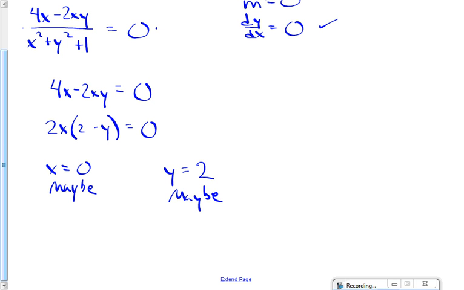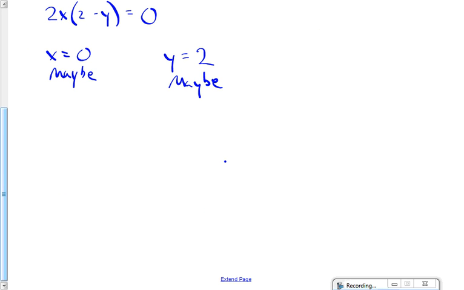Okay, the only way to be sure is to plug these things back into the original equation. So, in the original equation, my goodness, what was that? I'm going to go ahead and let x equals 0. You got your graphing calculators ready? Have I mentioned that yet? Let x equals 0. I think you could probably do this pretty quickly.